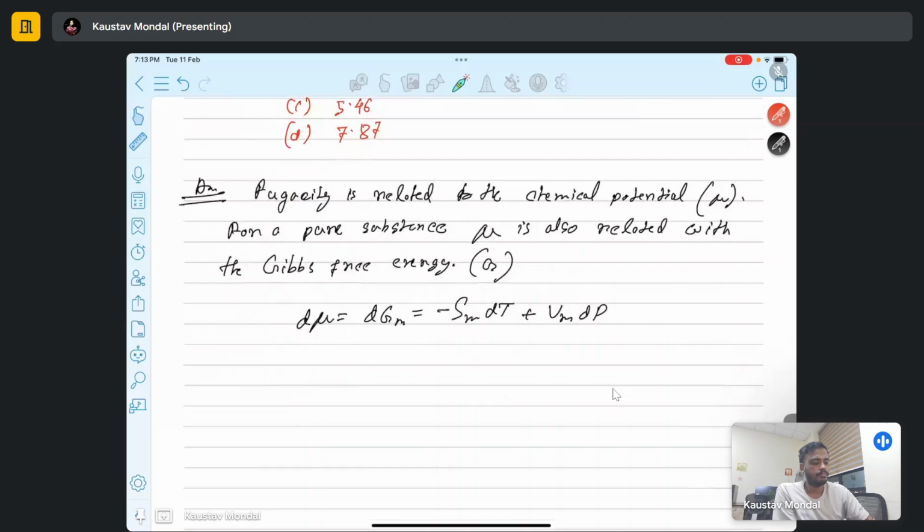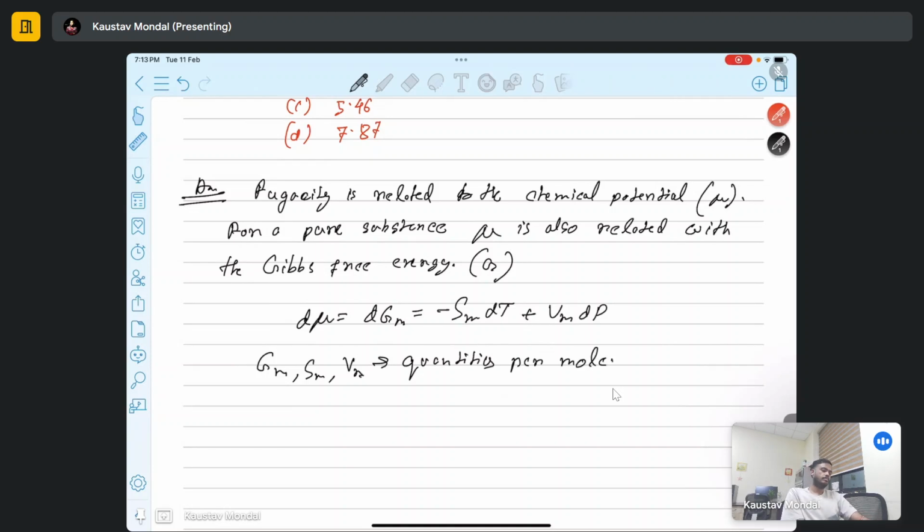So m comes because Gm, Sm, Vm are quantities per mole. Okay, so that's why the m suffix comes.